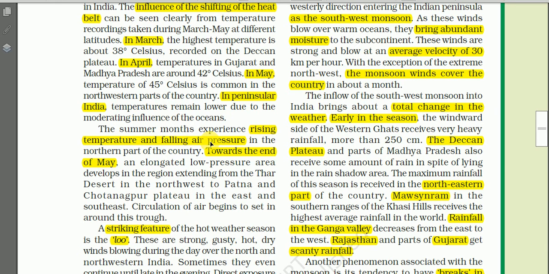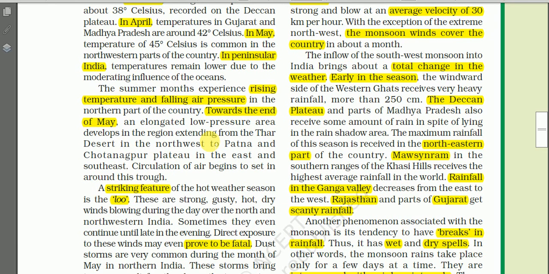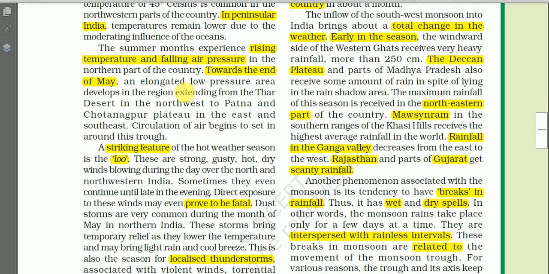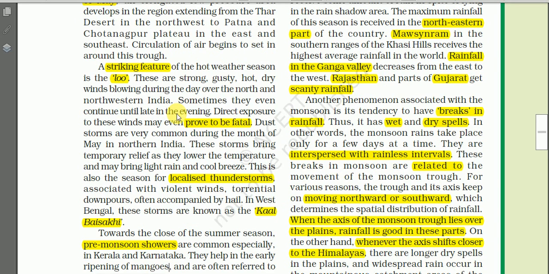Then by the end of May, the temperature may be around 45 degrees Celsius over the northwestern part of the country, that is northern Rajasthan and Punjab area. Because of rising temperature, there may be falling air pressure, and this low pressure may extend up to the Chotanagpur Plateau, and wind is blowing towards the land.